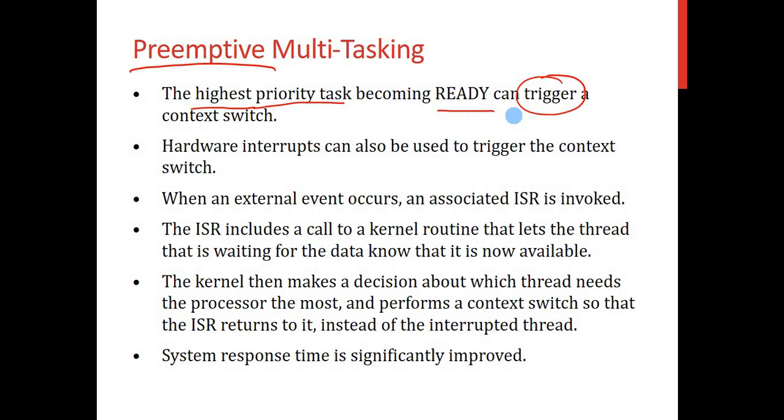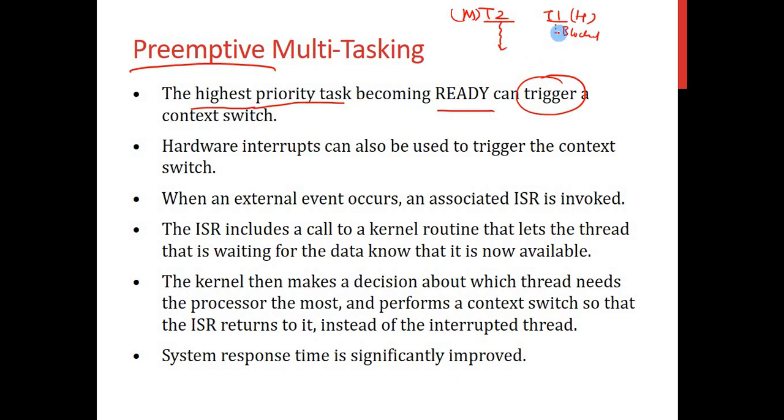So when I have a task that is running, say task 2 is running and task 1 is in a blocked state. Task 2 is medium priority, and task 1 is high priority. Initially task 1 is blocked and task 2 is running.